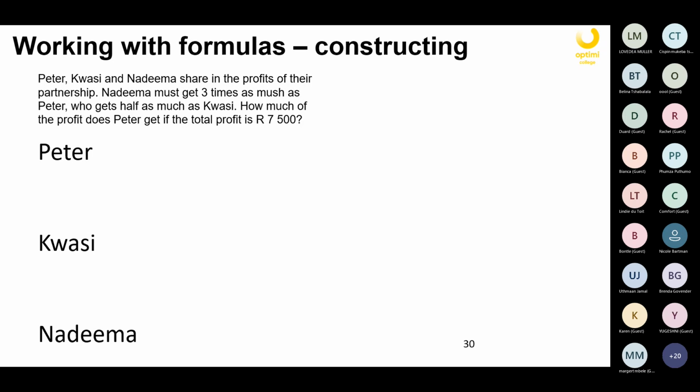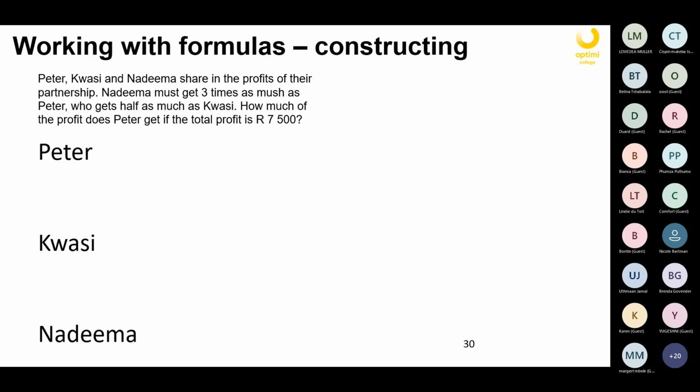Karen, read it again, please. Guys, I'm going to explain now, but please read it carefully and think about it. Nadima gets 3 times as much as Peter. So Nadima gets 3 times what Peter gets.